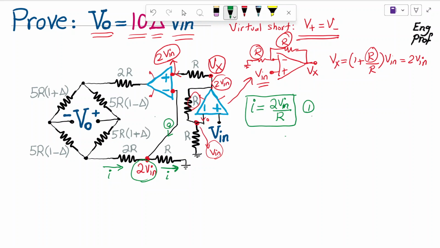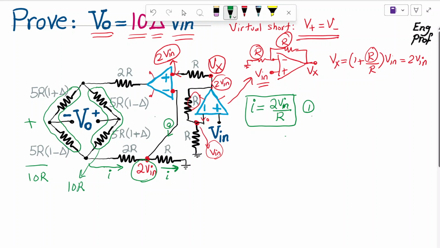Now, this current I is coming out of these two branches. Interestingly, on the left branch, the sum of the series resistors is 5R times 1 plus delta plus 5R times 1 minus delta, and when you add them together, the result is just 10R. For the right branch, there are two resistors in series, and with the same logic, the sum is also 10R.